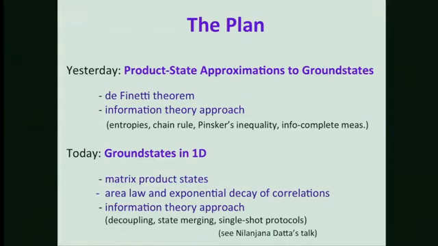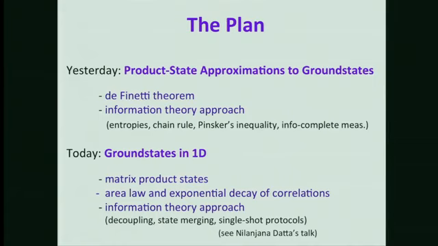I want to continue where I stopped yesterday. So the main topic of yesterday and today is about entanglement in ground states, the lowest energy states of many-body Hamiltonians. Yesterday we talked about how, in some circumstances, we can forget about the entanglement completely and just use product states as an ansatz for calculating the minimum energy, for example, and how this works well in some situations.